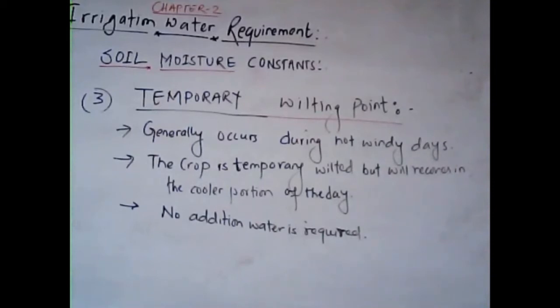As in the case of the permanent wilting point, even if it is kept in saturated condition, it cannot regain, but as soon as you add water it will start to regain in the permanent wilting point. But for temporary wilting point, there is no need of such water addition, water that is to be applied in the root zone of the plant.